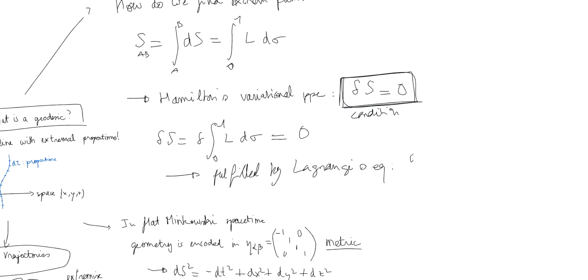The derivative with respect to sigma of the partial derivative of your Lagrangian, dL/dq dot, minus del L del q equals 0.